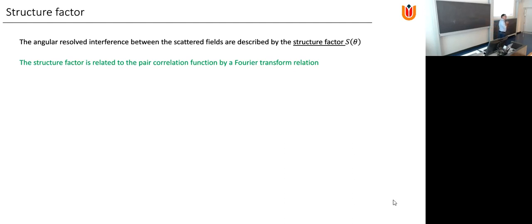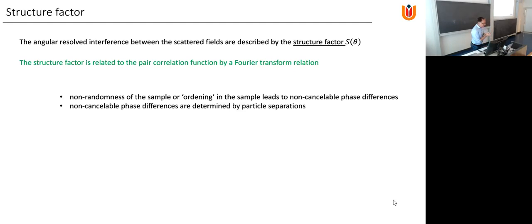Now, this pair correlation function that we just discussed is something that describes the differences between particle positions. It was the histogram of differences of distances between particles. That same distance comes into the structure factor. So, of course, these two are related, and they are related indeed through a Fourier transform relationship. It's not exactly the Fourier transform, but it's very close to it.